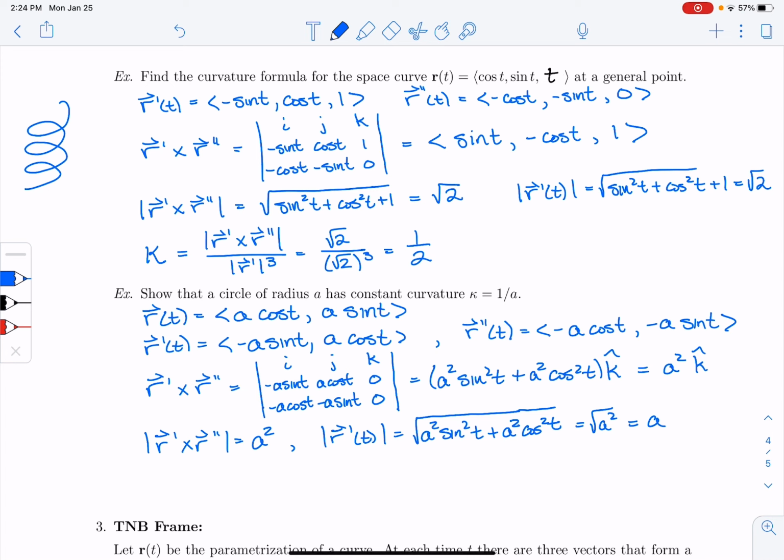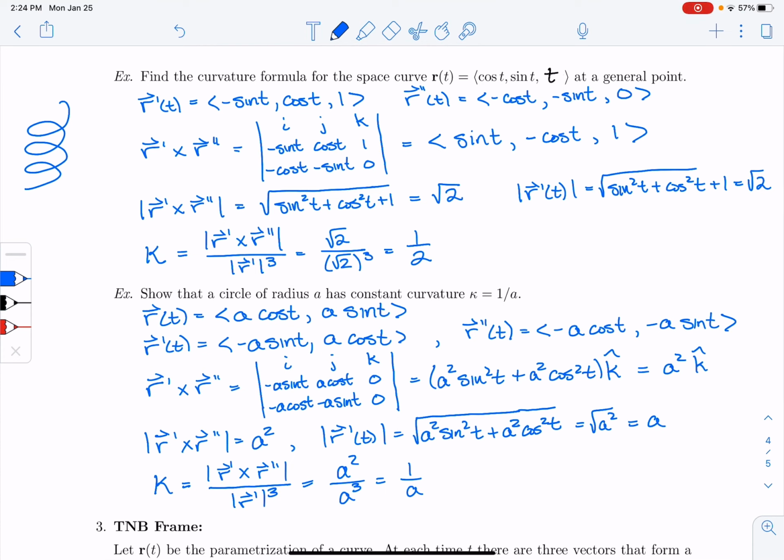And so kappa, like we've seen before, is the magnitude of r prime cross r double prime over the magnitude of r prime cubed. So that's going to be a squared over a cubed, or 1 over a. So the curvature of a circle of radius a is in fact 1 over a.